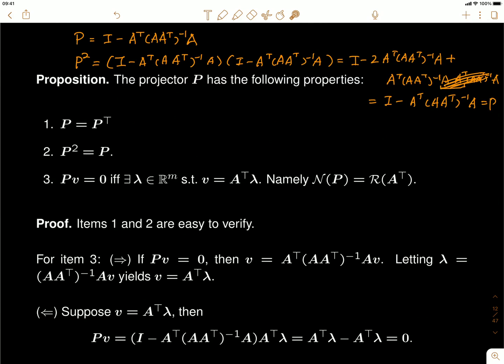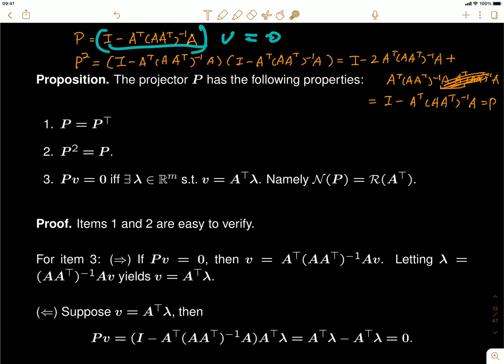Okay, so the key is, how do we show this? We show this because this is a necessary and sufficient condition. We need to show both directions. Suppose this is true, let's show that this is true. And then we try to show the converse. Okay, suppose PV is equal to 0. If PV equals 0, that means, this is P right here, we multiply this to V, you get 0.